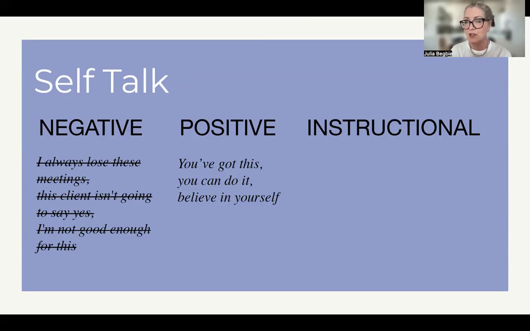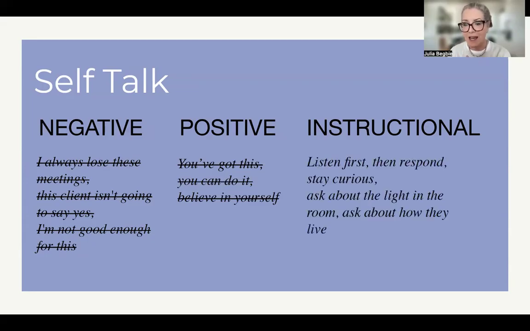It's not tangible. So we're going to strike that out as well. Instead, what we need is to give ourselves instructions. So instead of pepping ourselves up or dragging ourselves down, we tell ourselves how we're going to perform. We set ourselves tangible goals for our performance in the meeting that we're going into. We give ourselves instructional goals.